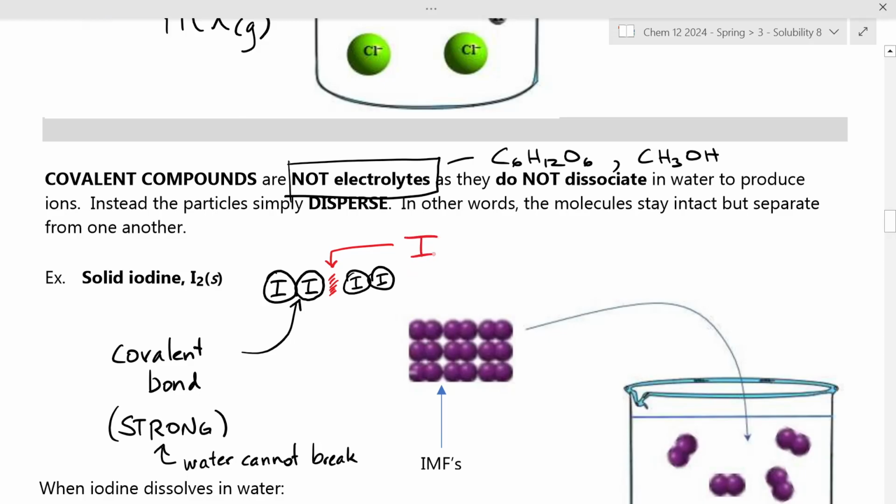That is an intermolecular force, which is an IMF, because we get tired of writing intermolecular force all the time. Are intermolecular forces strong or are they weak? They are weak. So they can be broken.